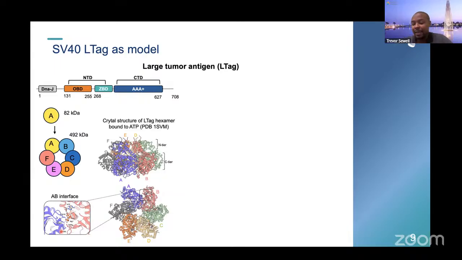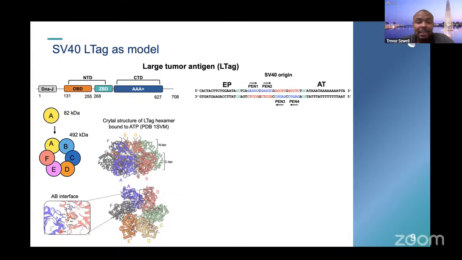This protein is the main replicative helicase of the virus, and it specifically recognizes a specific sequence of DNA called the SV40 origin, which is a pseudo-palindromic sequence that is characterized by four recognition sequences, PEN 1 to 4, highlighted in blue here.